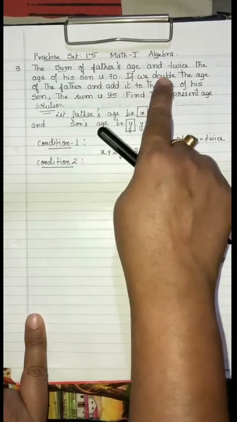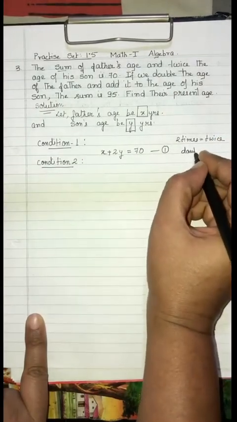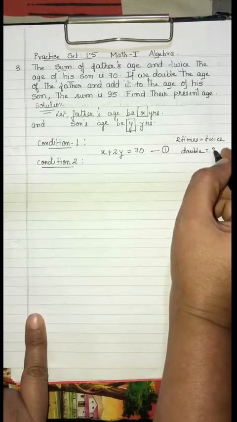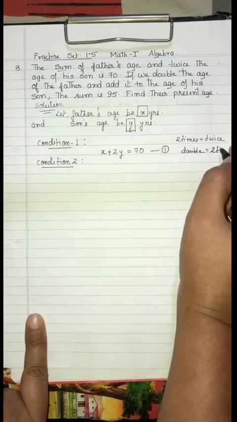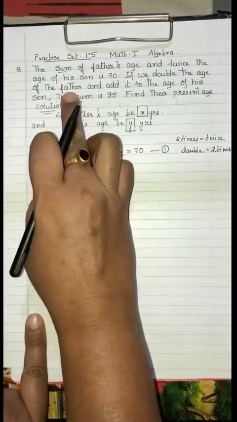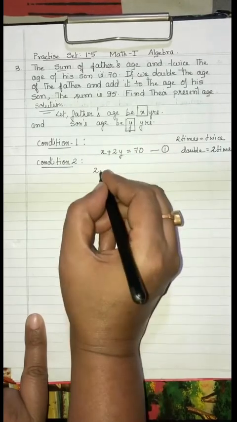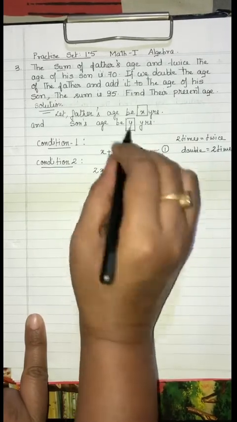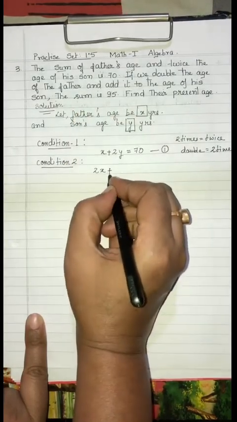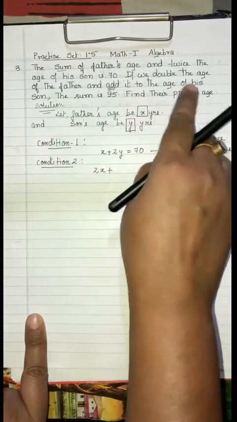If we double, children, what do you mean by double? Double means again 2 times, twice, double, 2 times. If we double the age of the father, double the age of the father, which is x years, and add, means plus, it to the age of his son.